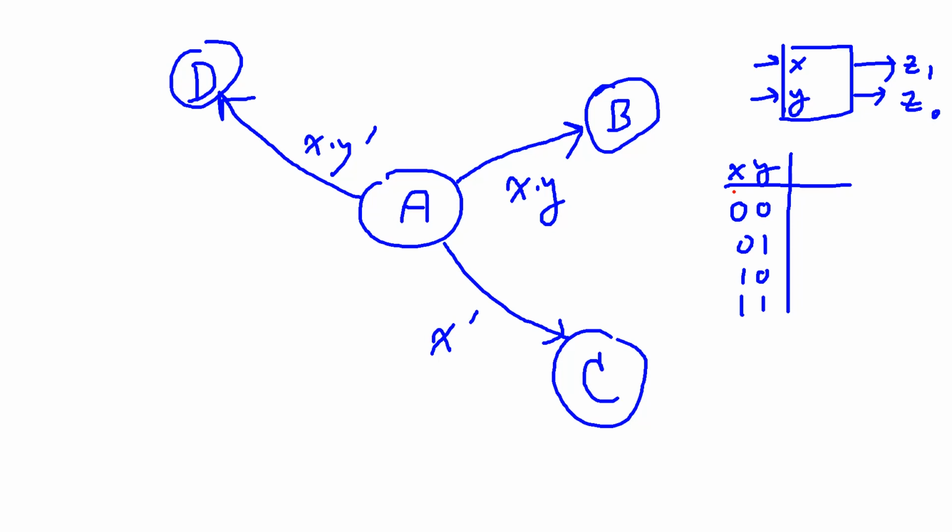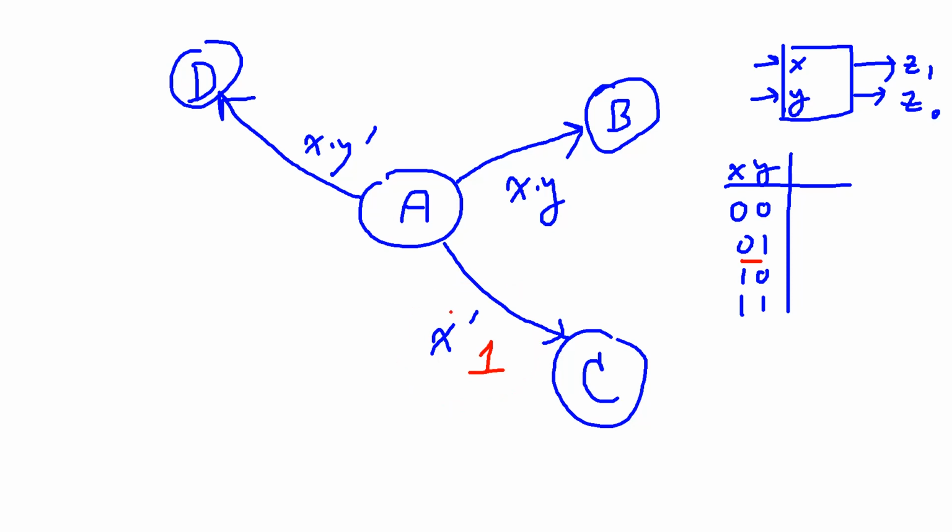Let's apply 0 1. When we apply 0 1, this condition becomes false, right? In this condition X is 0, Y is 1, X prime is true since X is 0, so this condition becomes true. X and Y prime, 0 and 1 prime, is 0. So for this input, this condition becomes true.